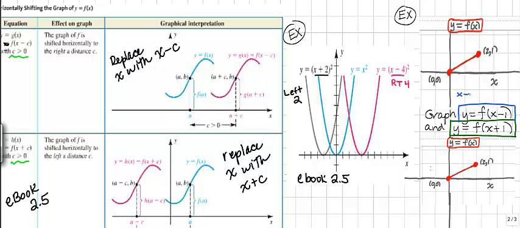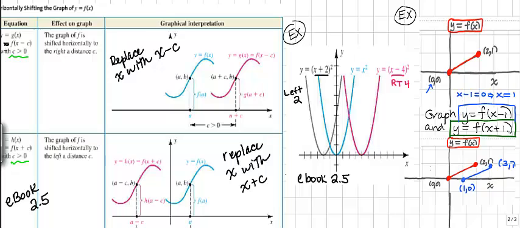This is what you're saying. x minus 1 equal to 0 means x equals 1, moving the point to the position where x is 1. So when you replace x with x minus a fixed constant, the graph moves to the right. So this new graph would have (1, 0), and the point (2, 1) would become the point (3, 1), and the graph moves right 1 unit. That's f of x minus 1.